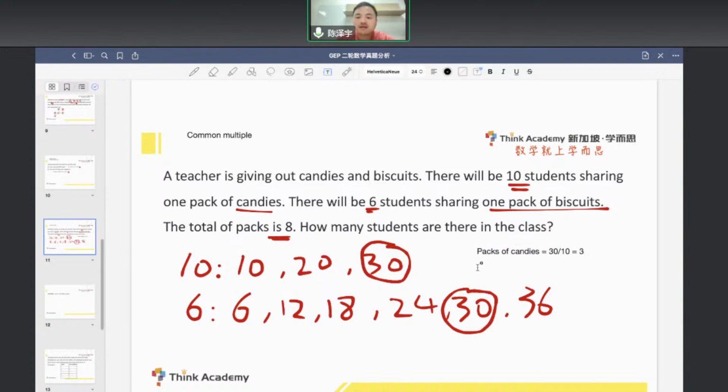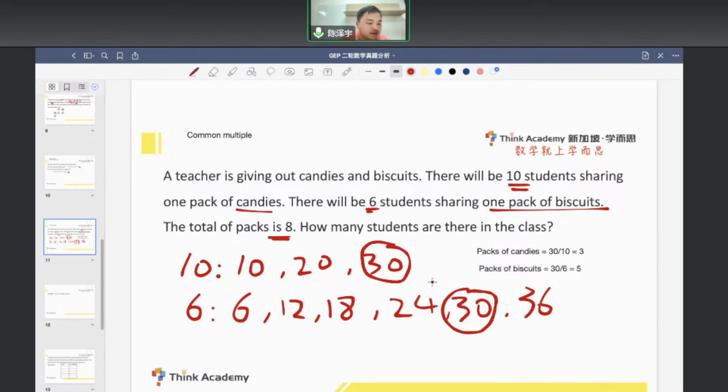To find the packs of biscuits, it will be 30 divided by 6, which is 5 packs of biscuits. If you add the packs of candy and biscuits together, you will get a total of 8 packs. So 30 is our answer. The number of students is 30.